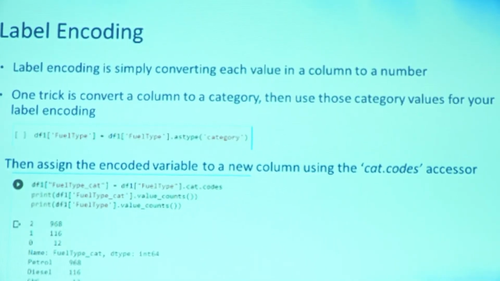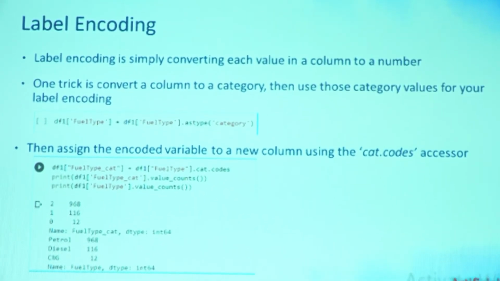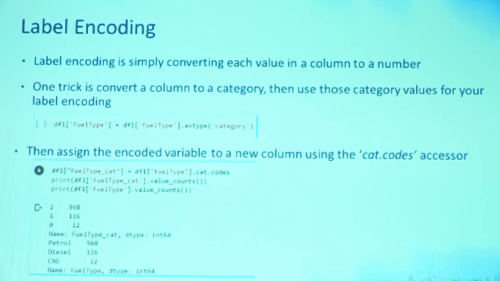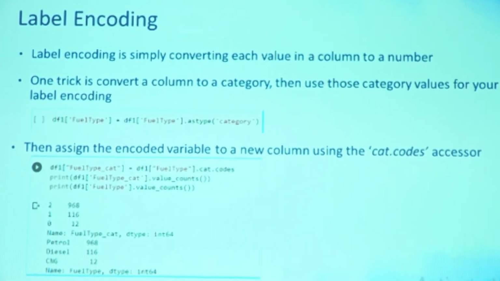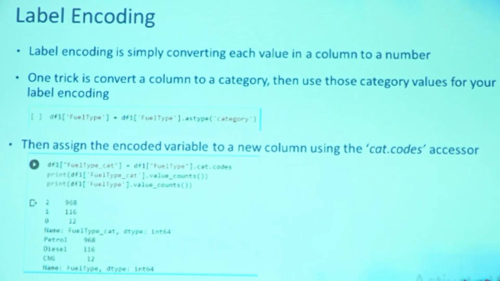If you don't want to encode your categories, you leave it as an object, doesn't matter. But since the machine cannot understand the labels, it is better you encode your category labels as well. So first you convert your fuel type, which I am working on right now, into category data; the data type should be category.